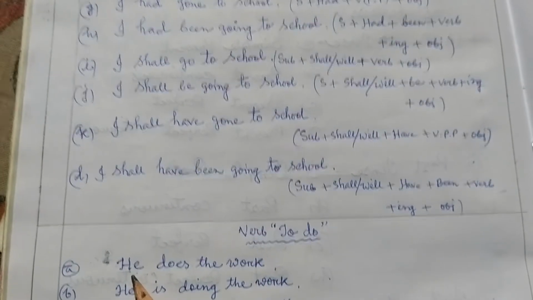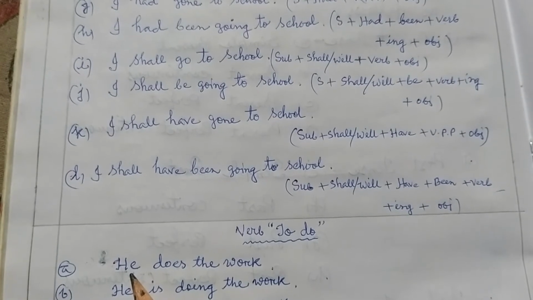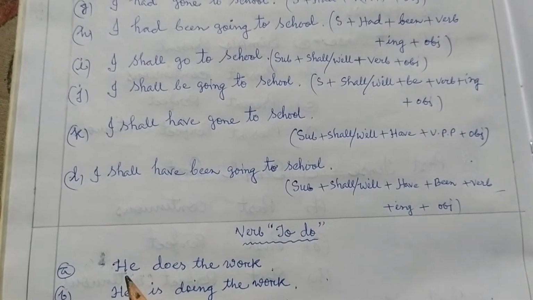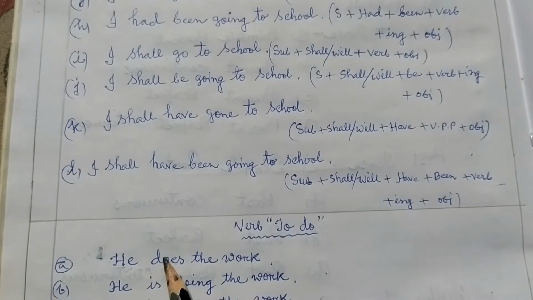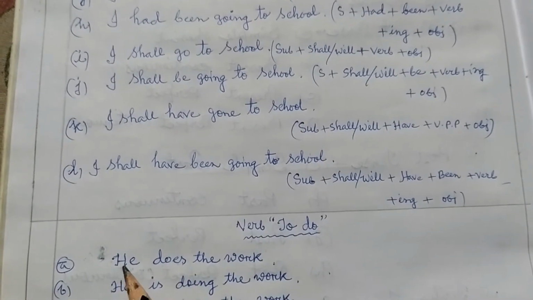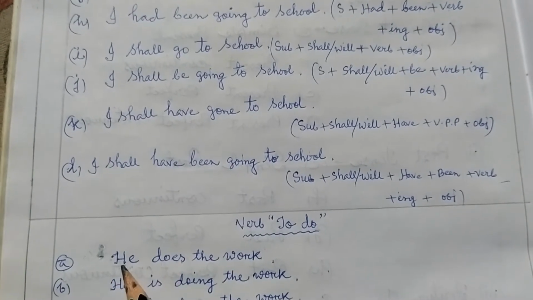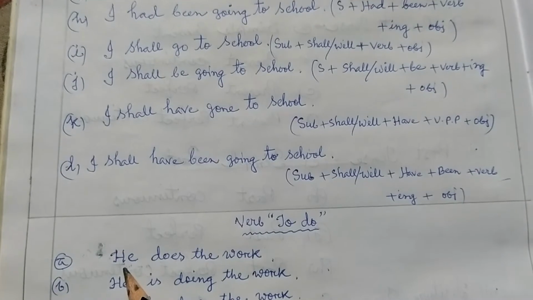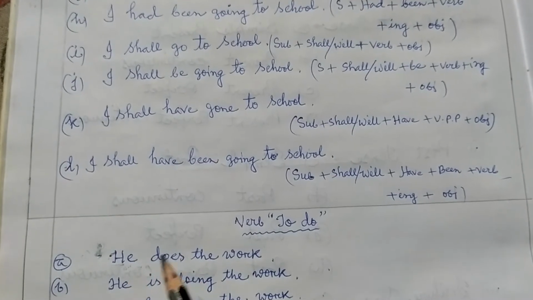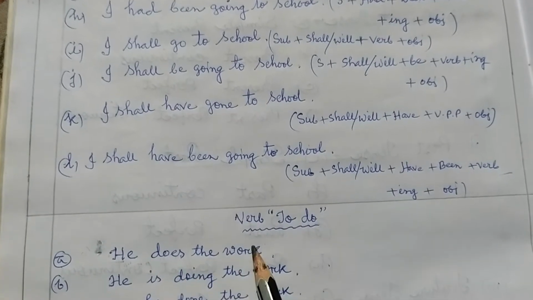As it is the third person, after do, does is added. If it is I, then I do. If it is we, then we do. As it is he, then he does. She does. It does. So he does the work.